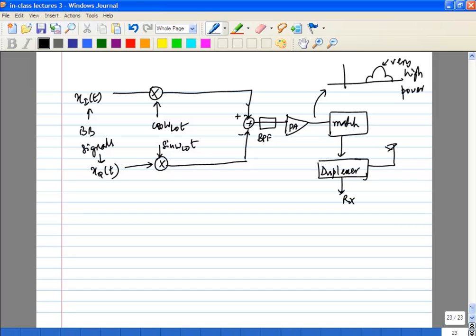So we know that the PA output is a very high power, typically like a watt, which is very high. So what happens is, you have a phenomenon called PA pulling.